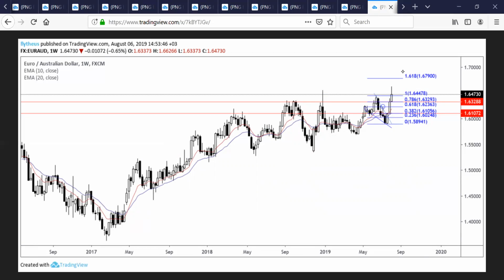Some traders perhaps would have gotten out of the trade at this point, but you need to really stick to your trading plan and your trading strategy. My target is 1.618, so I'm sticking with the strategy and sticking with the plan, because over time, taking profits early will not have a positive impact over a series of trades.